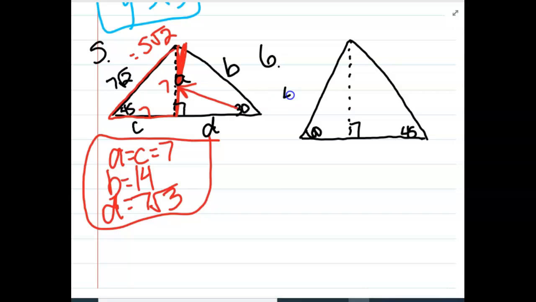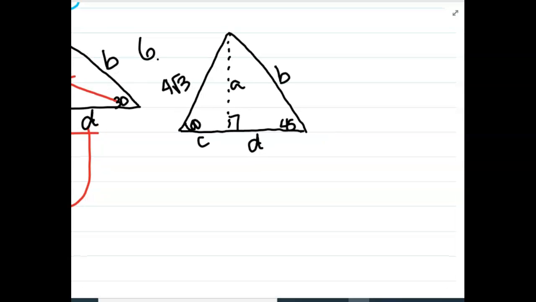This left-hand side is going to be 4 square roots of 3, the altitude will be A, these bottoms will be C and D, and then the other hypotenuse is going to be B.